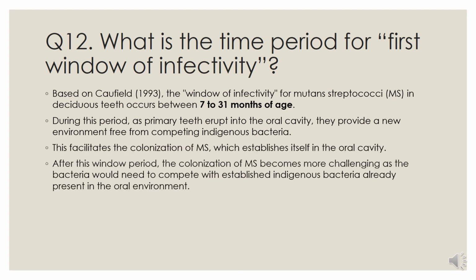This facilitates the colonization of mutant streptococci, which establishes itself in the oral cavity. After this window period, the colonization of mutant streptococci becomes more challenging, as the bacteria would need to compete with established indigenous bacteria already present in the oral environment.